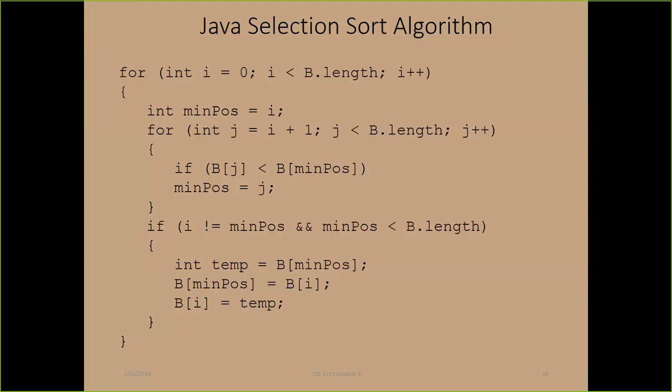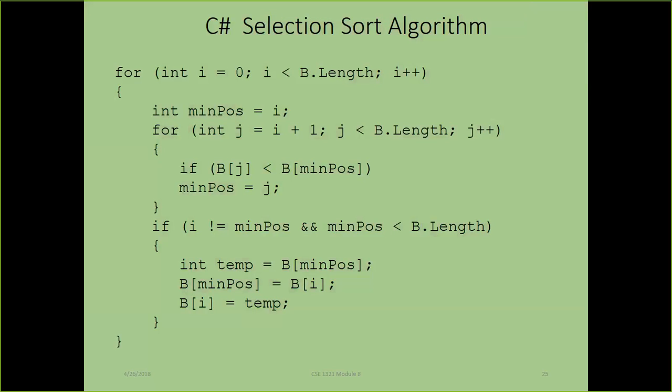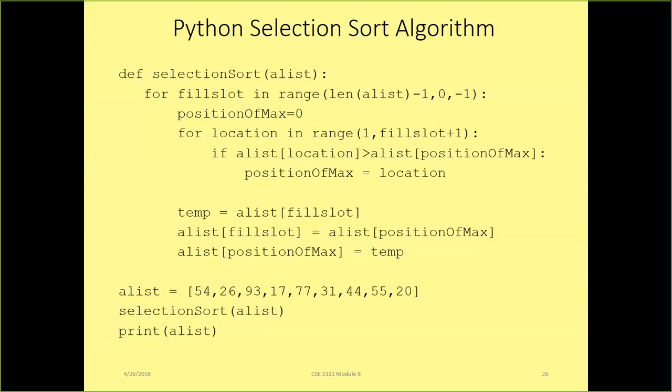So let me say, this is a program code for selection sort algorithm. This is C#, and this is Python. Again, for Python people, this will be complex because of the range factor, but maybe you can use a for loop in different ways.